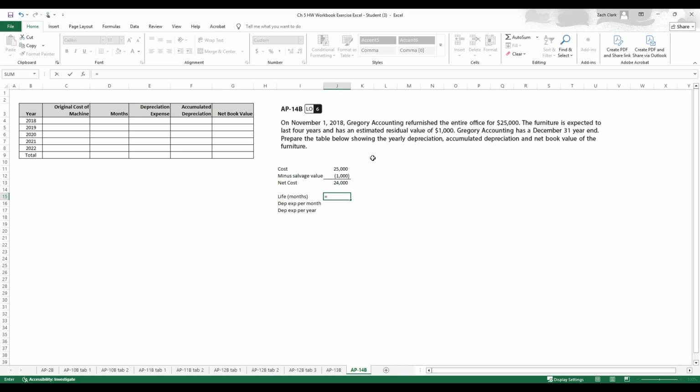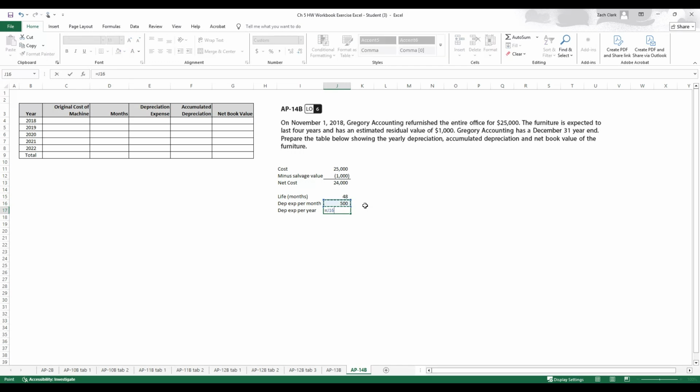So if it's 4 years of useful life, as it says here, expected to last 4 years, we can translate that to months by multiplying it by 12, because there's 12 months per year. And so in 4 years, that's the same thing as 48 months. And then we can say, take our net cost divided by the amount of months, and that tells us that depreciation expense per month is going to be $500.